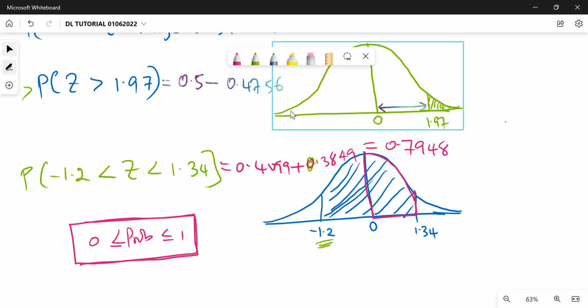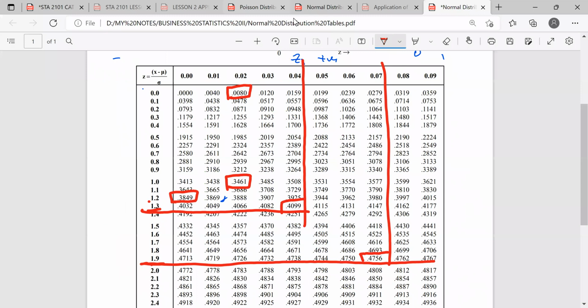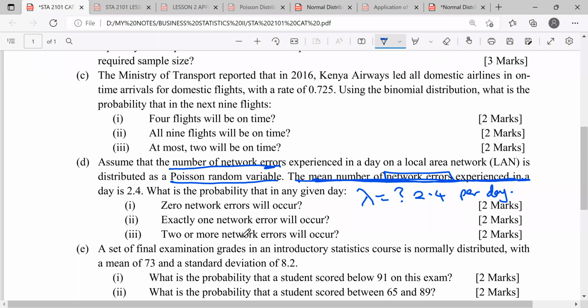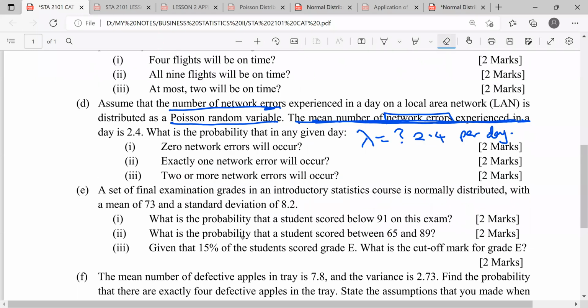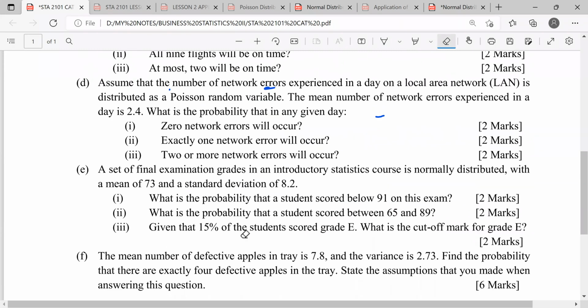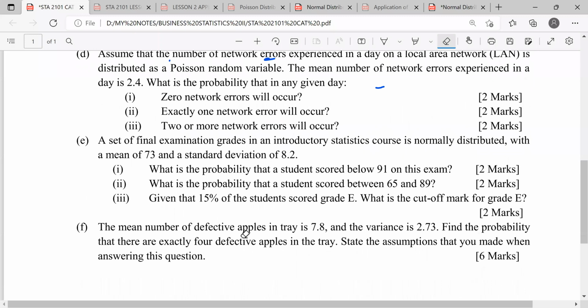Now we can go to the question that we are trying to answer. Let's remind ourselves the question that we are trying to solve. We are trying to solve question E. We are being told a set of final exam grades in a certain course is normally distributed with mean of 73 and standard deviation of 8.2.